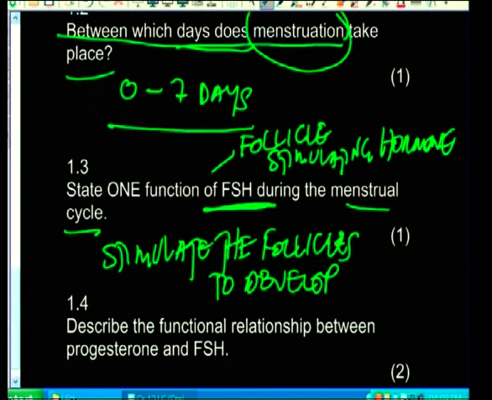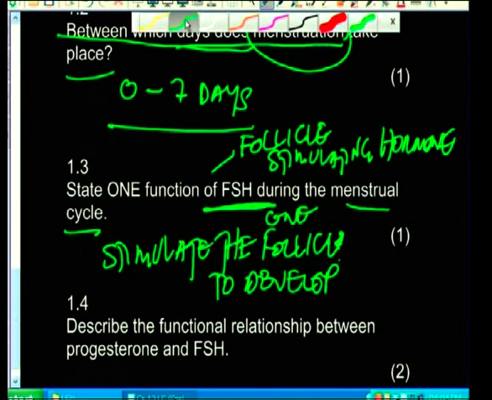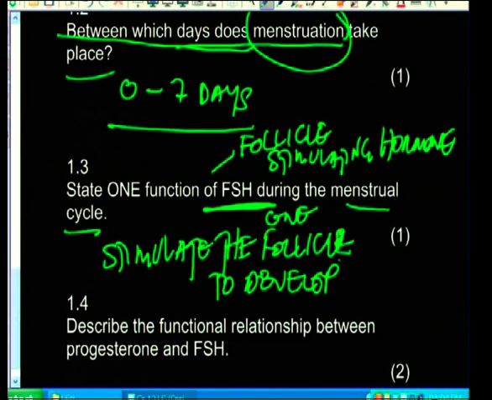In fact, to be more correct, to stimulate one follicle to develop, because every month FSH's job is to stimulate one follicle to develop.